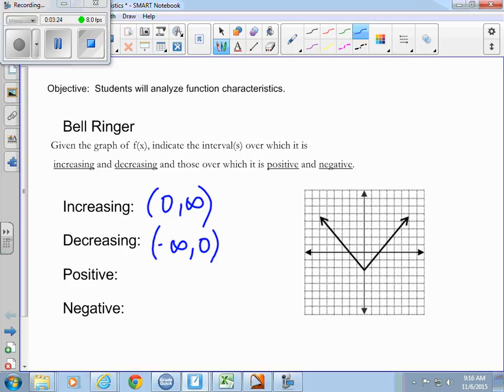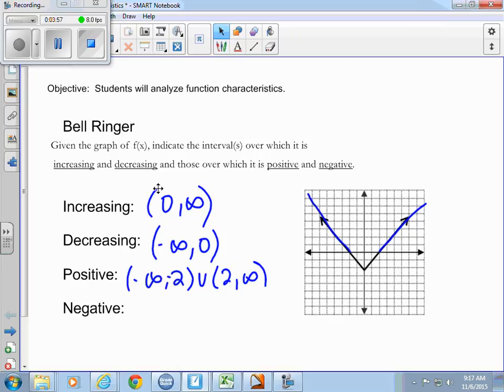Okay, from negative infinity to negative 2, and from 2 to infinity. Does that make sense? Because I am positive here and here. So I'm above the x-axis. Questions about that one?